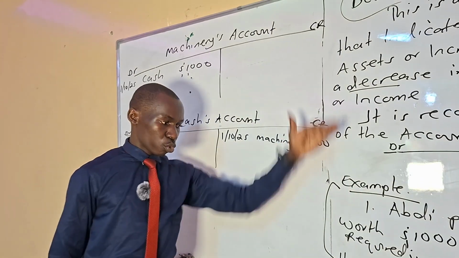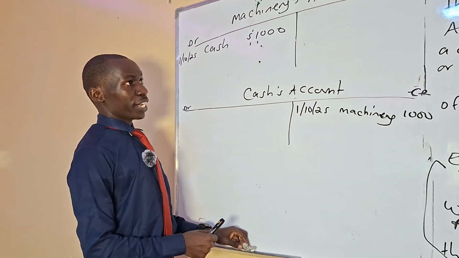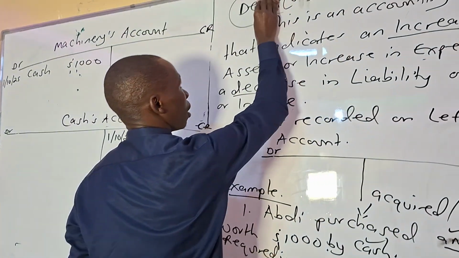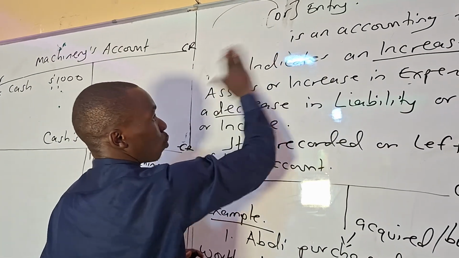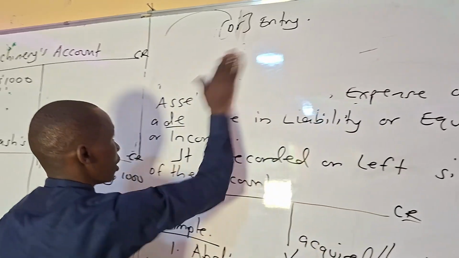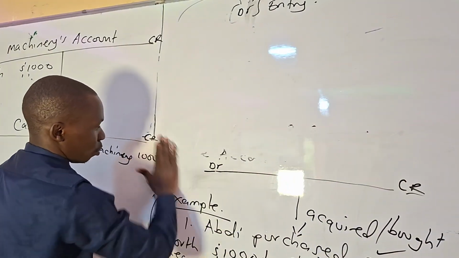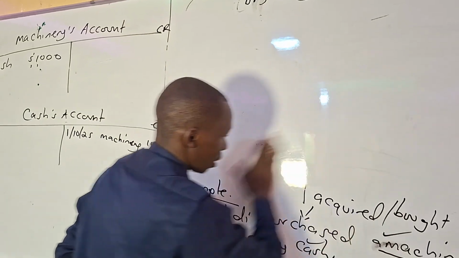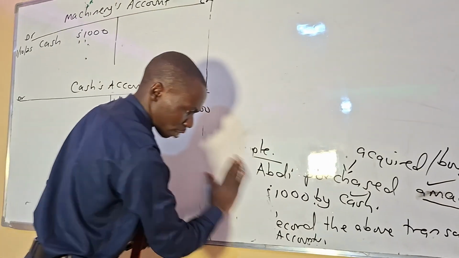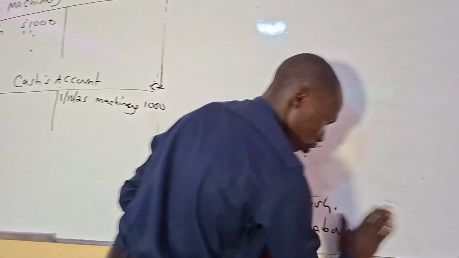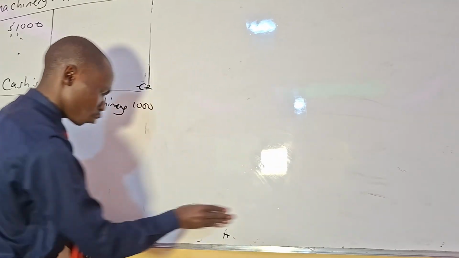If at all you have understood this, allow me to take you through the credit entry and we see how it works. Still, we shall use an example. You pause, you try to go through the same, try as much as you can to understand this principle of double entry because it's a governing principle which we are going to use throughout our accounting.